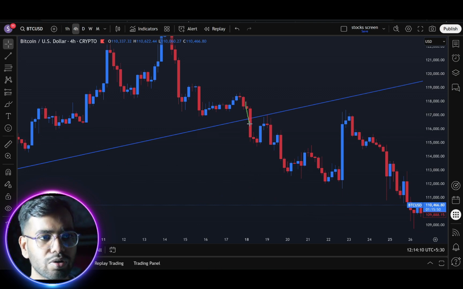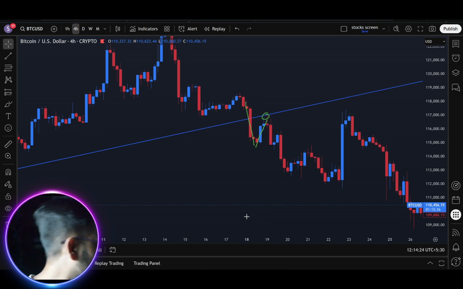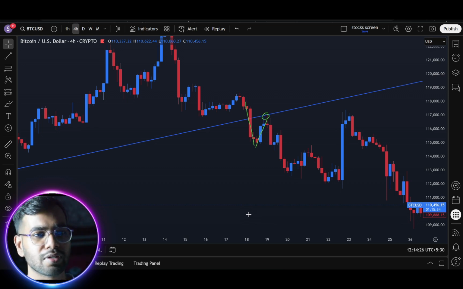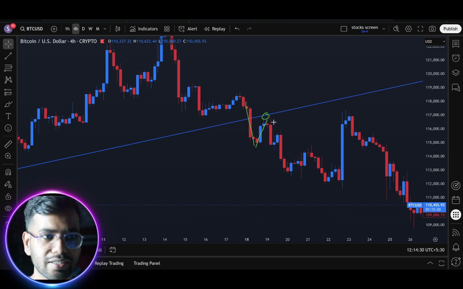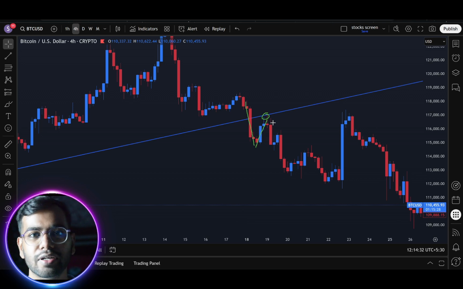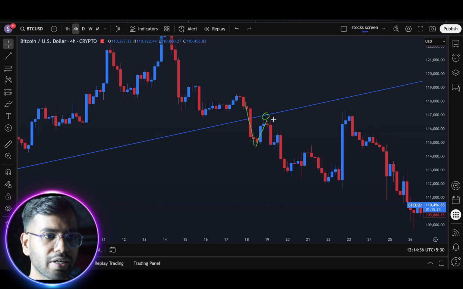As Bitcoin showed breakdown in the negative direction, then it moved in the upward direction and again came for the retest of the trend line. So this was another important setup of mine, and I trade this particular setup because I am very confident that when Bitcoin retests a particular trend line after its breakout or breakdown, then the trend is very much clear to me.